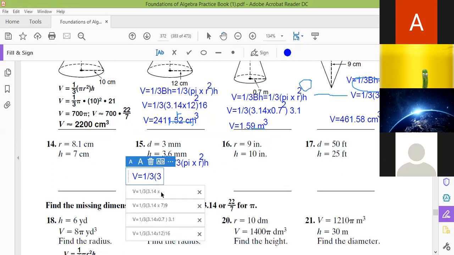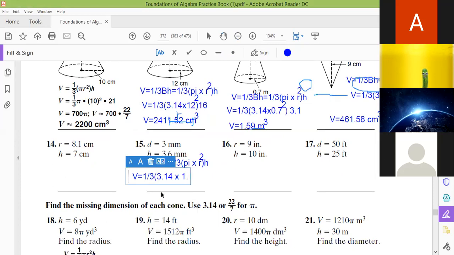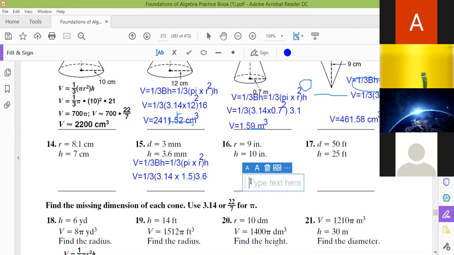Pi is 3.14. Then times r, what is r? 1.5. Very good. Why did you put 1.5, Mazen? Because there is a diameter, so we divide it by 2, and I get 1.5. Very good. And it's 1.5 square. Now calculate it and tell me the answer.